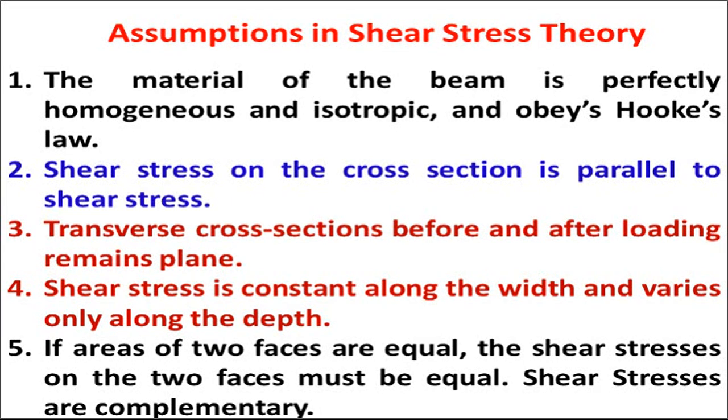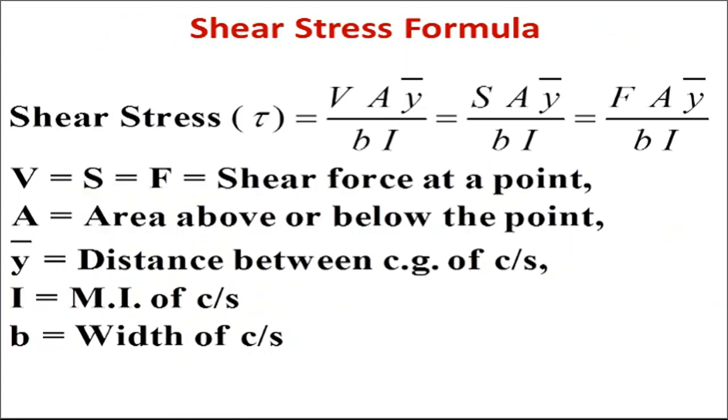Means before loading it is plane and after loading it is plane. Shear stress is constant along the width and varies along the depth. If areas of the two faces are equal, then shear stresses on the two faces must be equal. Shear stresses are complementary. So these are the few assumptions.